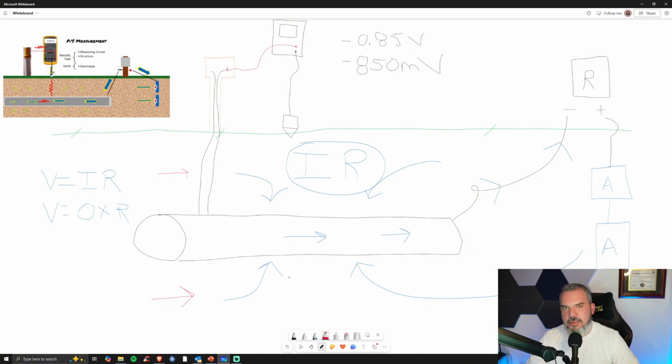All right, let's complicate it even more. Let's pretend that when this pipe was first constructed, maybe they buried some magnesium anodes and directly connected them to the pipe. And maybe we don't know where those anodes are.